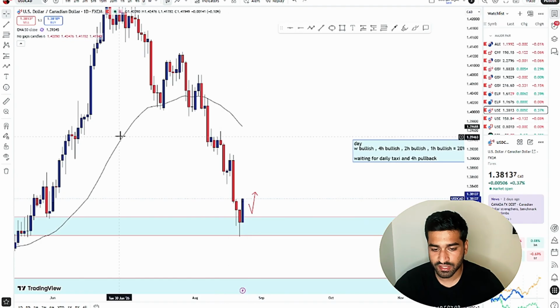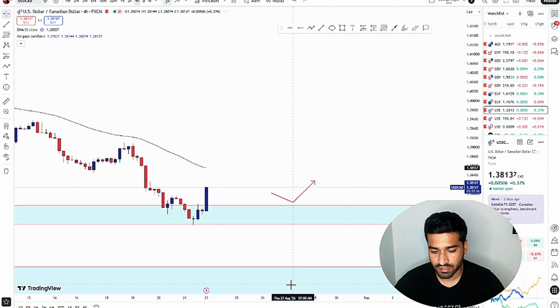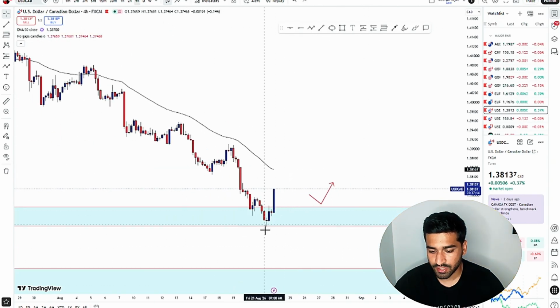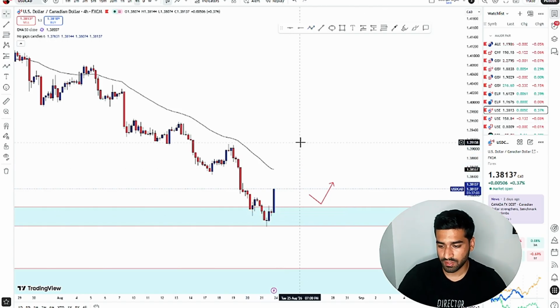I hope it closes like this. If not, I'm thinking that it will create a small wick. Yeah, so we will see. In the 4 hour, it creates a really nice structure point. So if it closes like this, the higher low, and here I look for some entry signal to go to the upside.